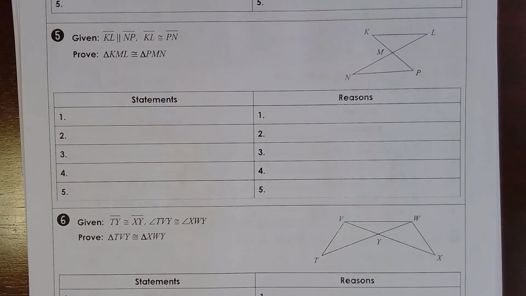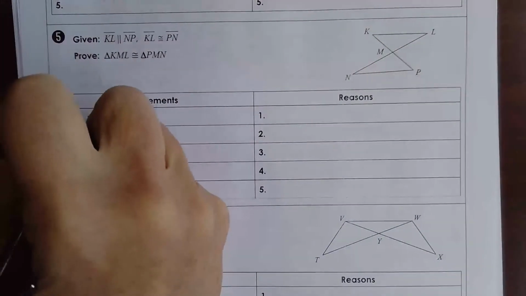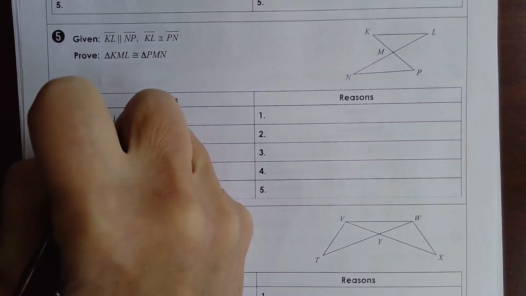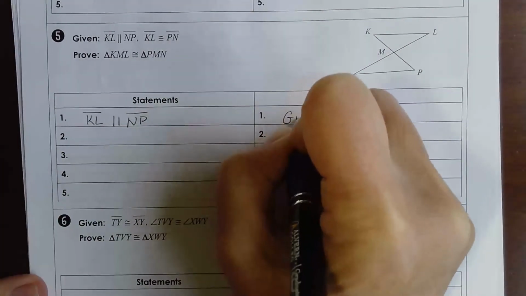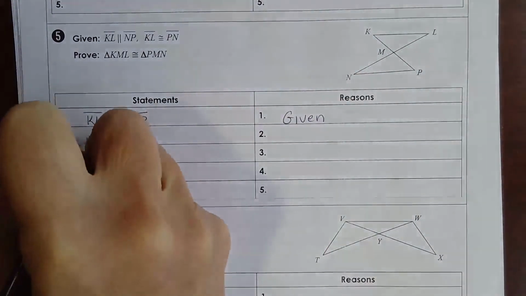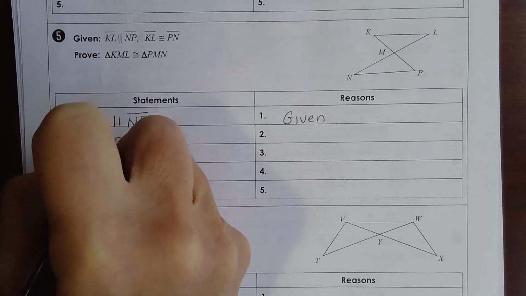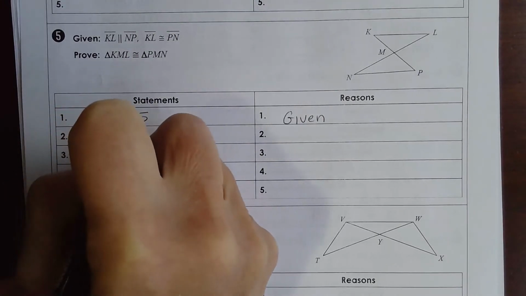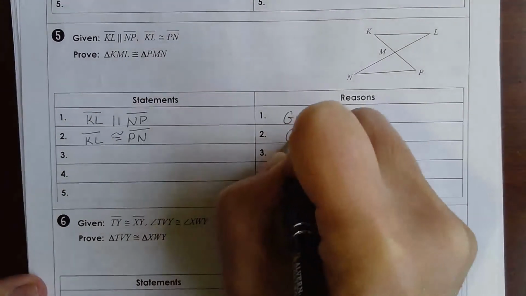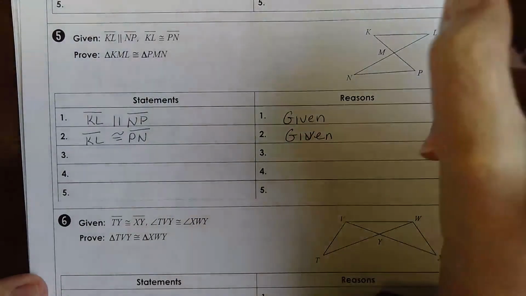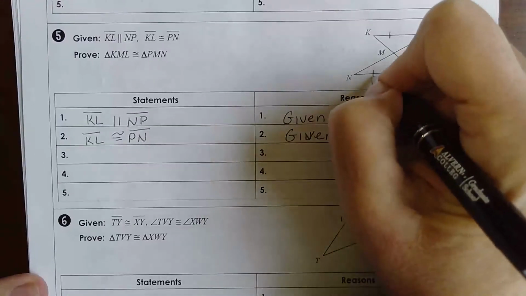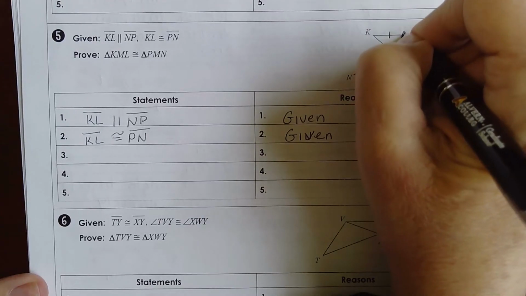That's what that means. So KL is parallel to NP. That's our given. We're told that KL is congruent to PN, because that's given. So KL is congruent to PN. They're also parallel.